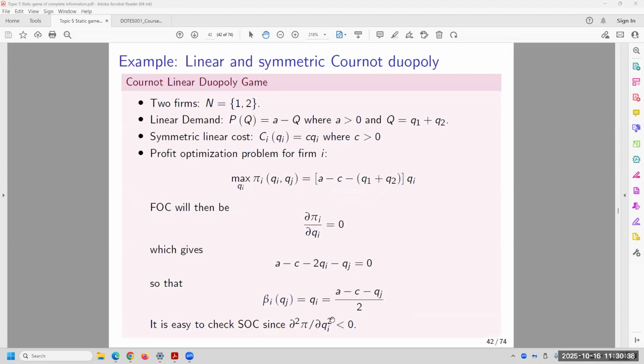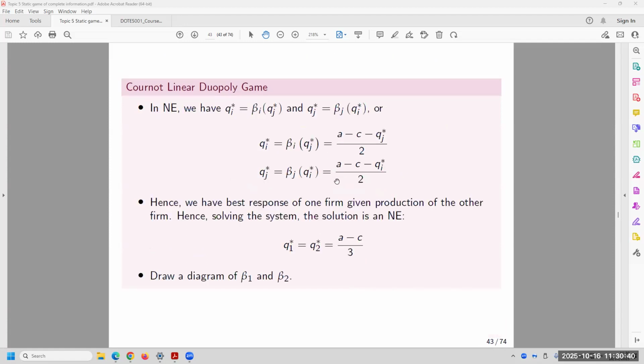And this is the best response. As we said, this is the mutual best response. One way to do it is just to solve this system of equations, because Nash equilibrium is where this belongs to this and this belongs to this. Basically, you have a system of equations to solve, because player 1 is choosing the best given player 2, and player 2 is choosing the best given player 1.